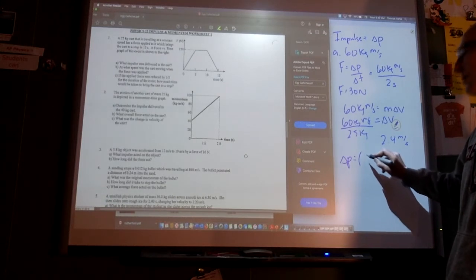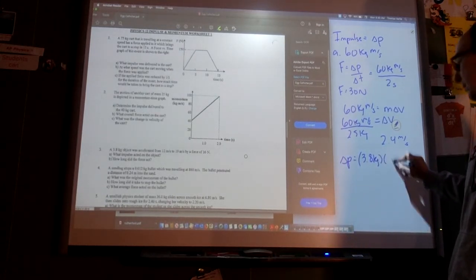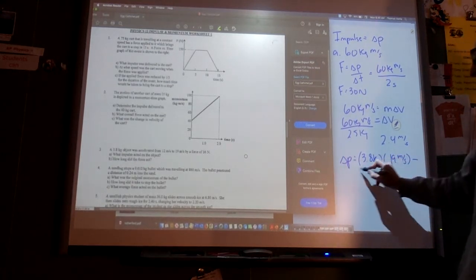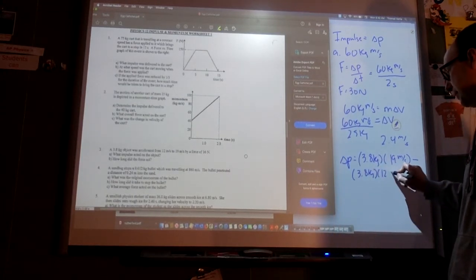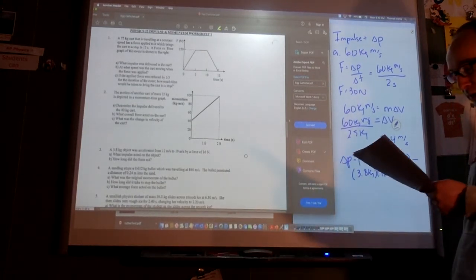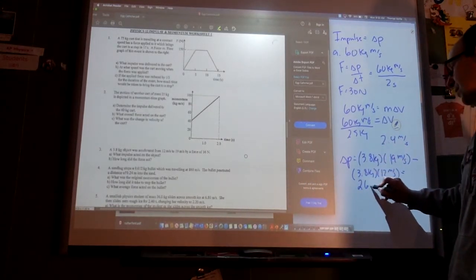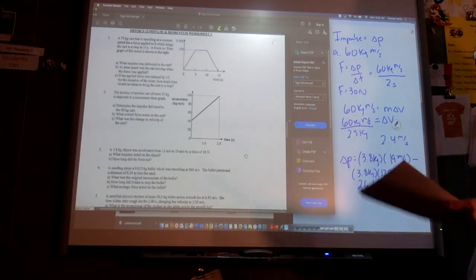So this is going to be 3.8 kilograms times the final speed, which is 19, minus 3.8 kilograms times the initial speed, which is 26.6 kilogram meters per second.